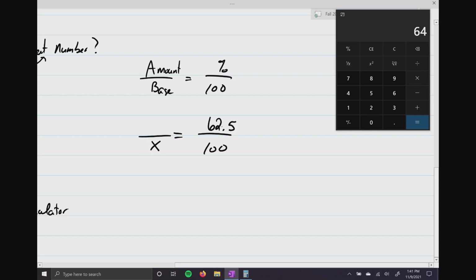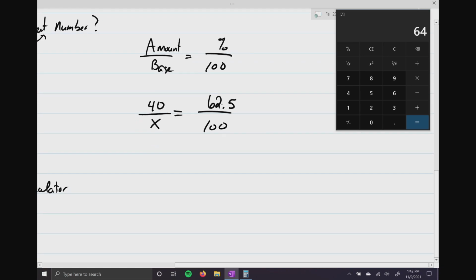Well, the base is going to be x, so that means that 40 has to go directly above. Okay, now from here, if you wanted to, you could just cross multiply. You get 40 times 100 equals 62.5 times x. 40 times 100 is 400. And finally, divide both sides by 62.5.